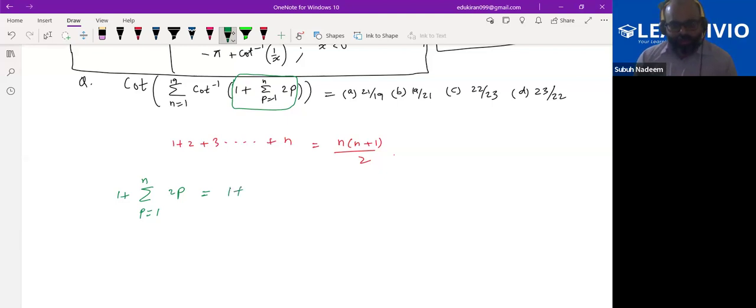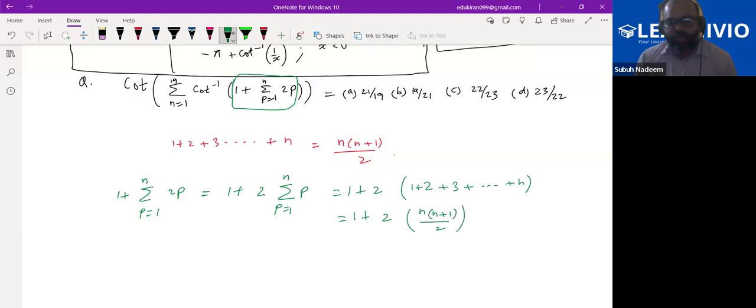So this is 1 plus 2 outside constant, sigma p equal to 1 to n. So 1 plus 2 times 1 plus 2 plus 3 till n, because it is sigma. The sum 1 till n is n into n plus 1 by 2, as we discussed just now. 2 will cancel, so it is 1 plus n into n plus 1.